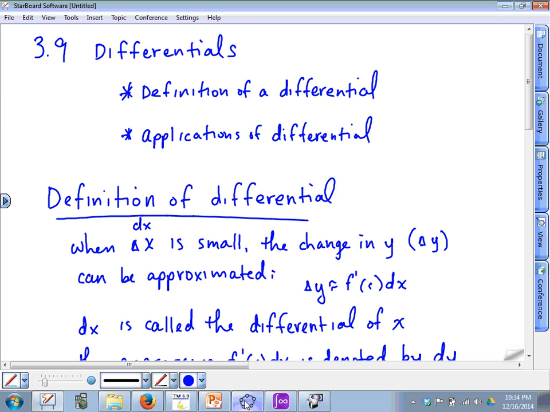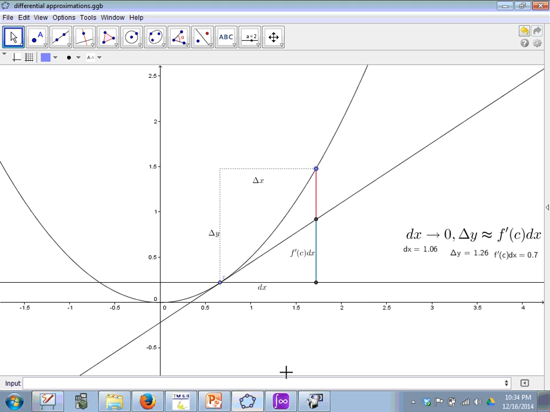I need to bring up this other program for just a moment. Okay, so we've got this curve right here, and right now it's a parabola, but this applies to any kind of curve of any degree, regardless of the type of function.